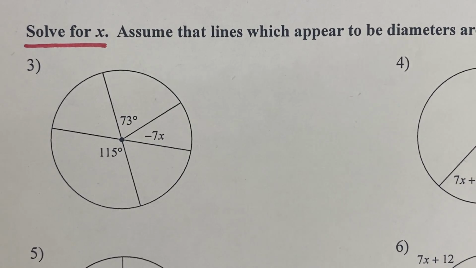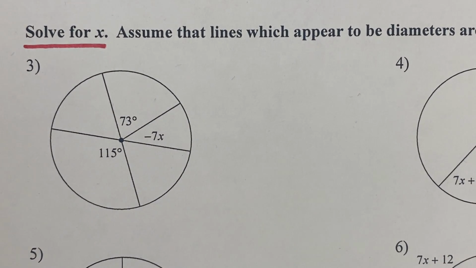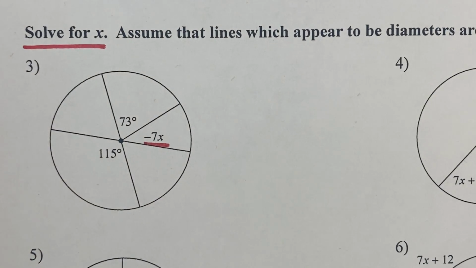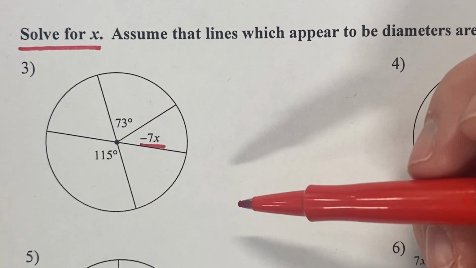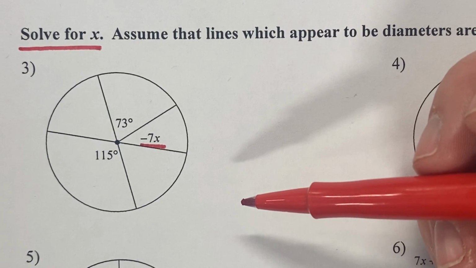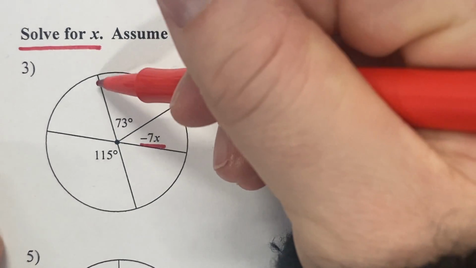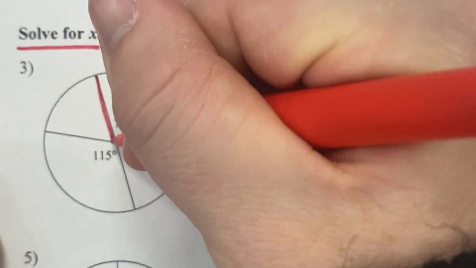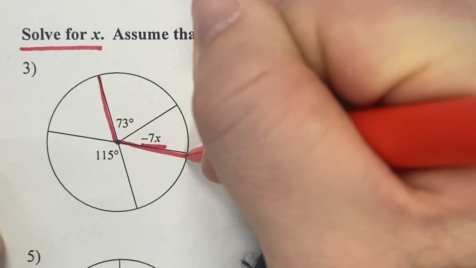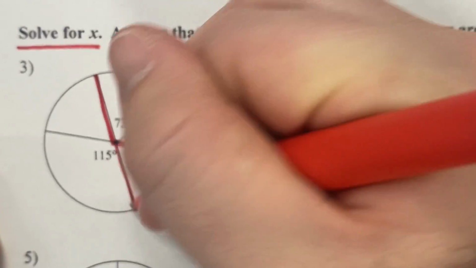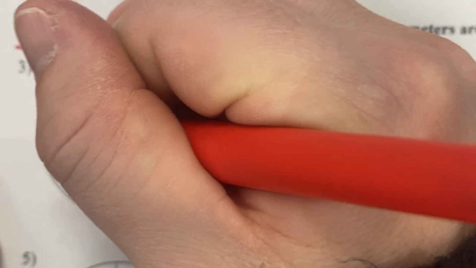Alrighty, so we're trying to solve for x. Let's figure out where our x is. Our x is located in that -7 angle right there. These 2 angles make up where my x is. But then I also have these angles.